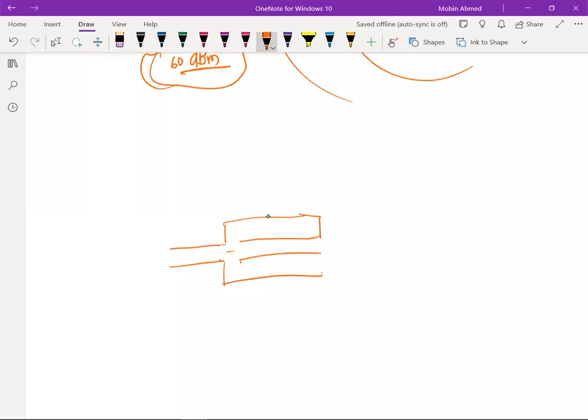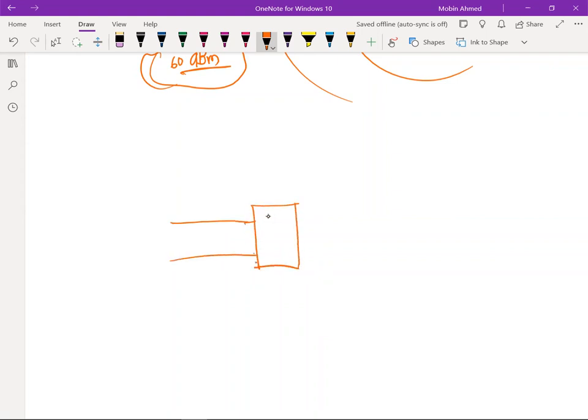Just for example, this is not an accurate one. Now what happens? This is your radio frequency, which is fine. And it will be diverted in these directions. Actually I am not able to make it, so I will make it this way.